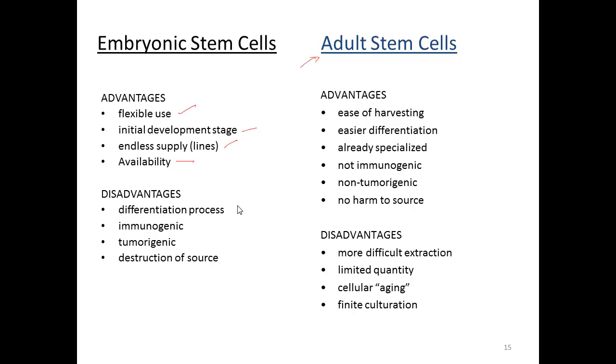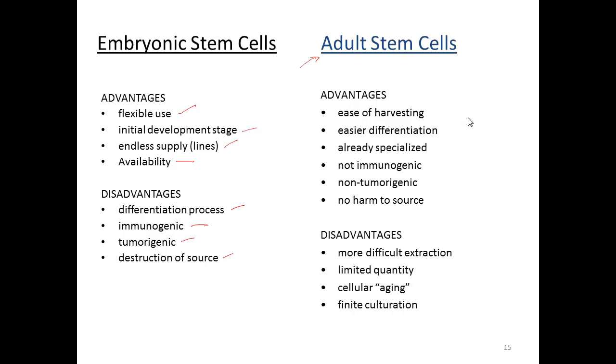Some of the disadvantages, which we'll explore in future videos, are that it's hard to get them to differentiate just the way you want. Depending on the source, if it comes from a different embryo, they are non-self, and so the immune system will recognize them as foreign. They have the ability to form tumors, and again, a fertilized egg is destroyed in their procurement.